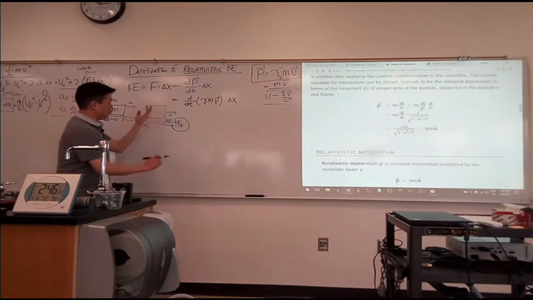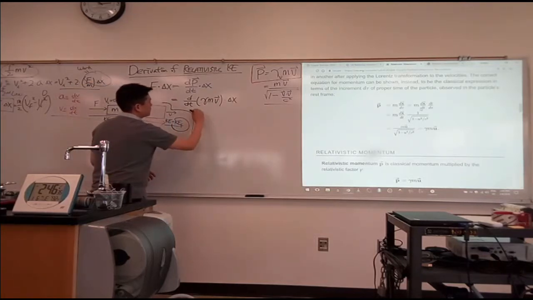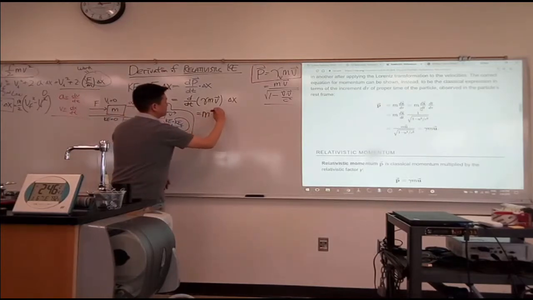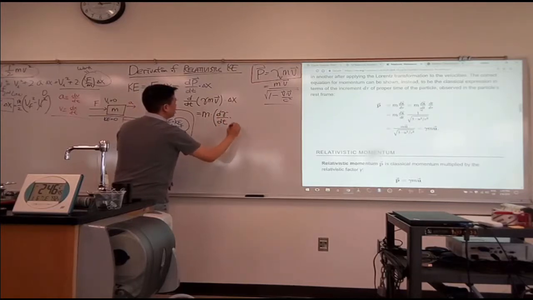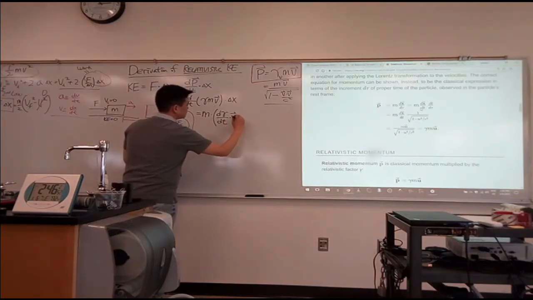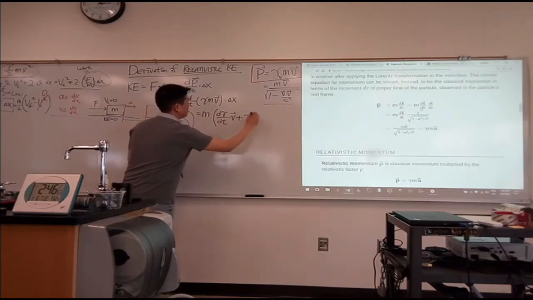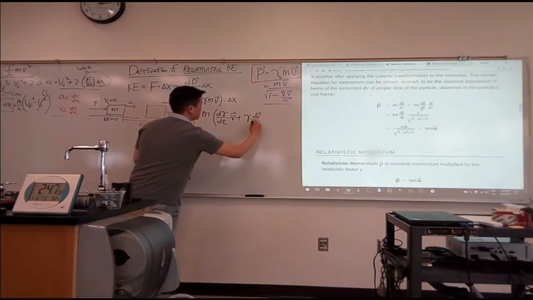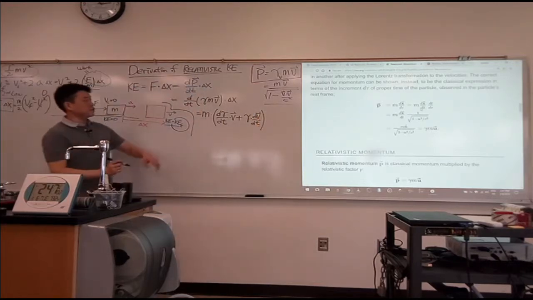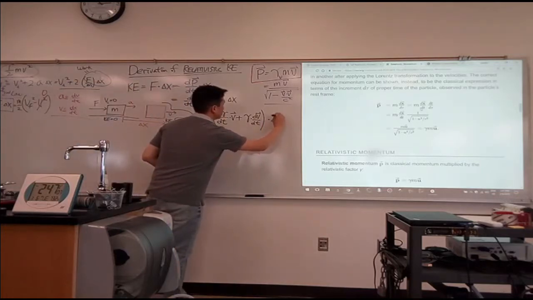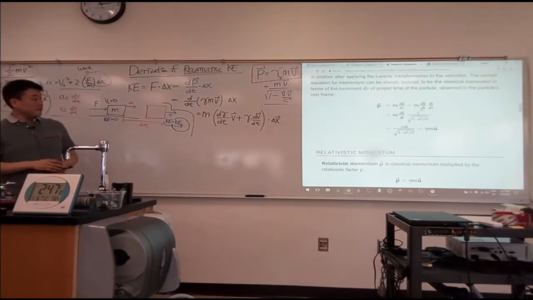Just going through the math, I use the product rule. So it's mass times the derivative of gamma with respect to t times the v vector, plus gamma times the derivative of v, dv/dt. That's that derivative there, times delta x. I guess it's a dot product, technically.